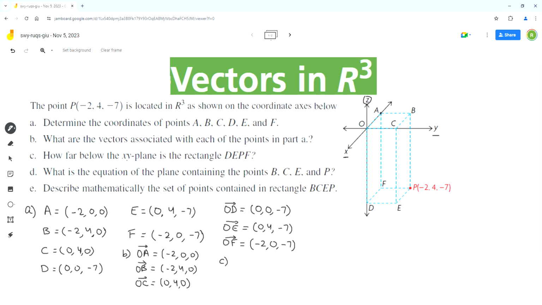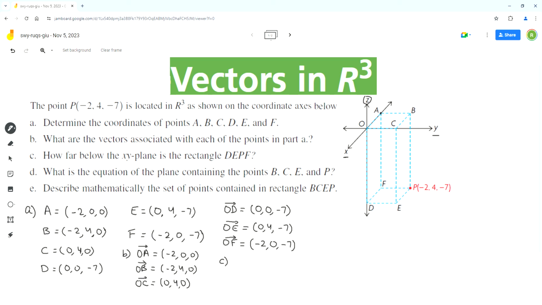Now we can analyze part C. How far below the XY plane is the rectangle DEPF? The rectangle ABCO is in the XY plane. The rectangle DEPF is 7 units below the XY plane because the Z coordinate for point P is -7.